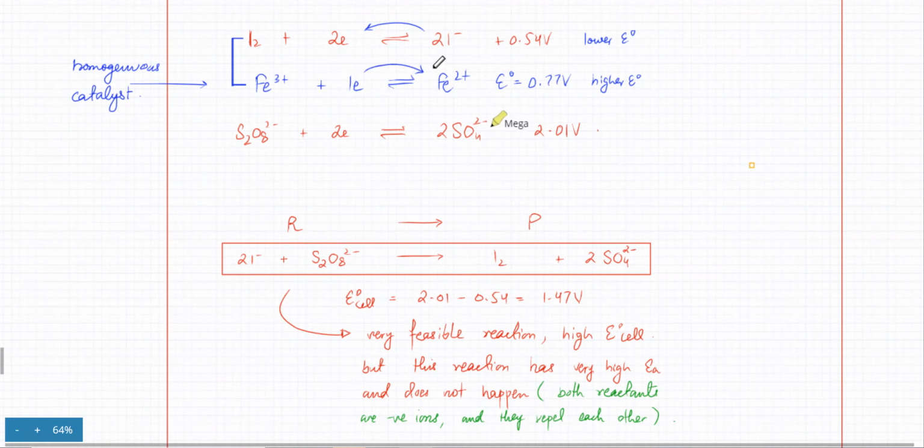This is the higher potential, so it gains electrons. This is the lower potential, it loses electrons. So they're going to react with each other.